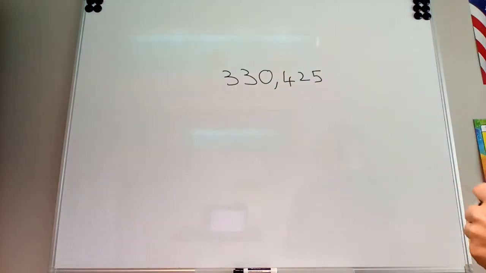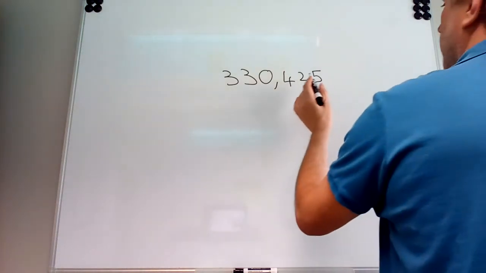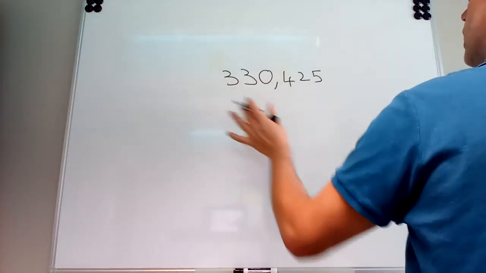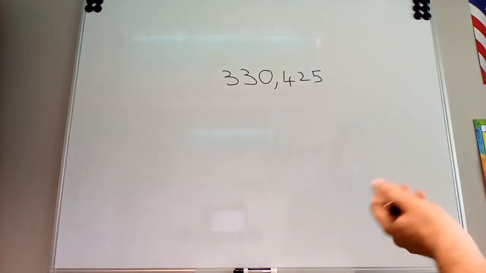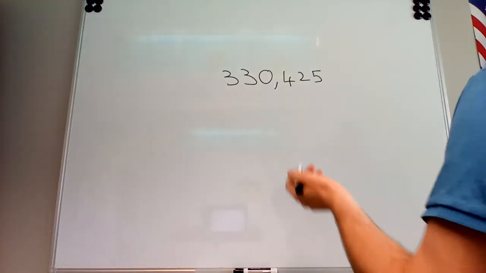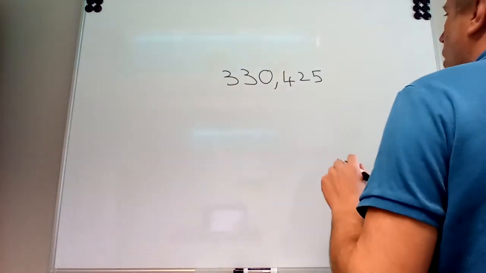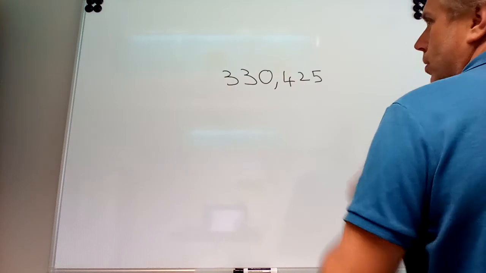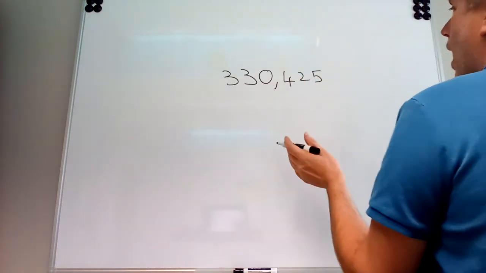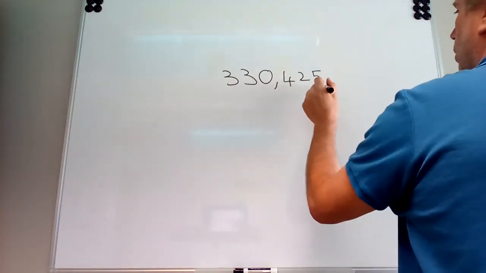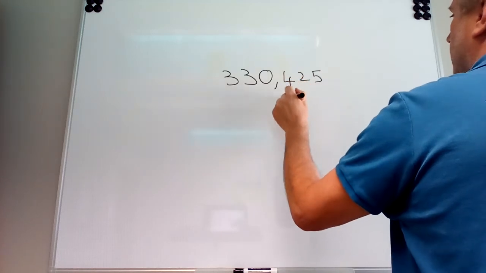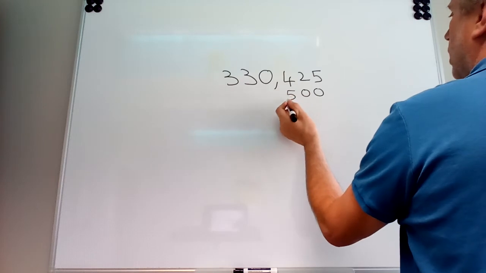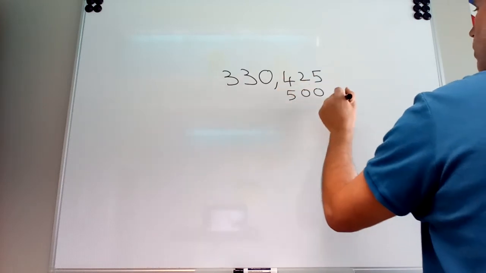That would be our ones place, our tens place, and our hundreds place, and then we get into our thousands places, which we want to make sure all line up. Then we could have a small number that we want to add to that, maybe 500. This would be your ones place, your tens place, and your hundreds place, so you want to make sure they line up perfectly underneath.